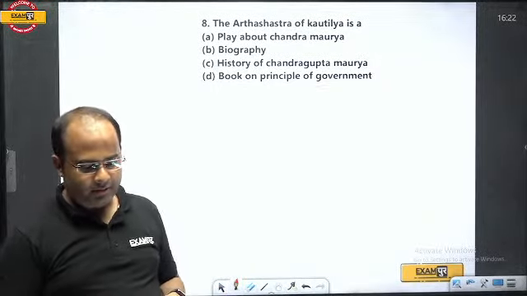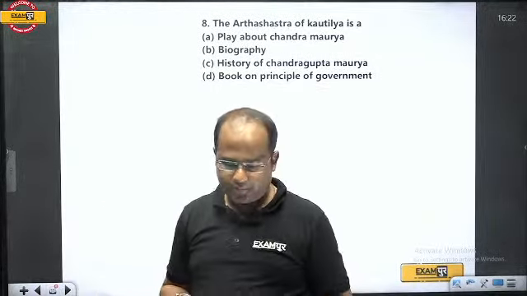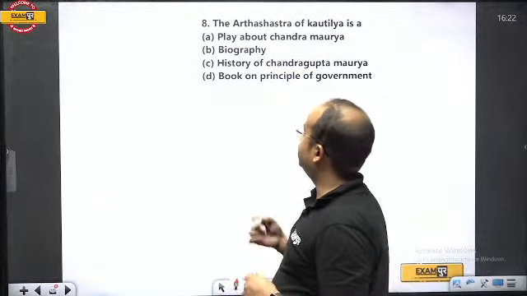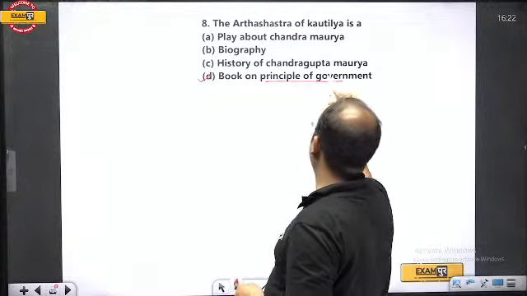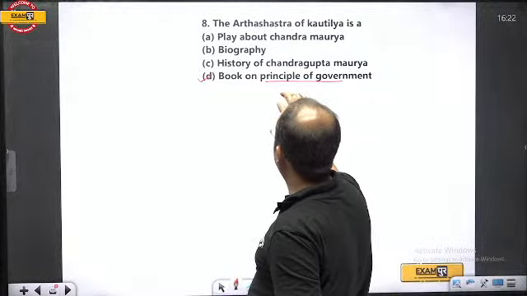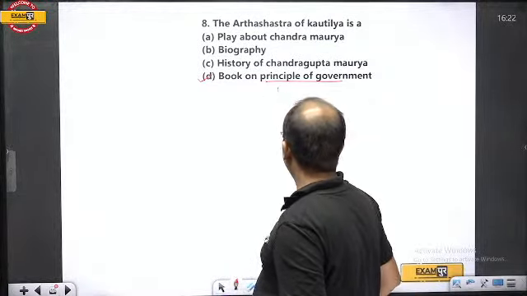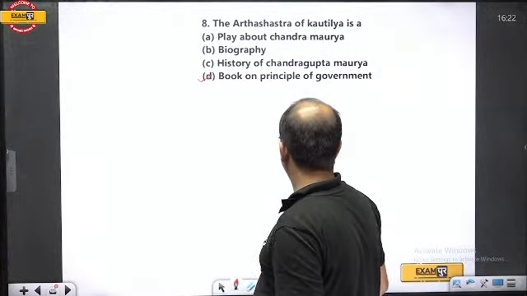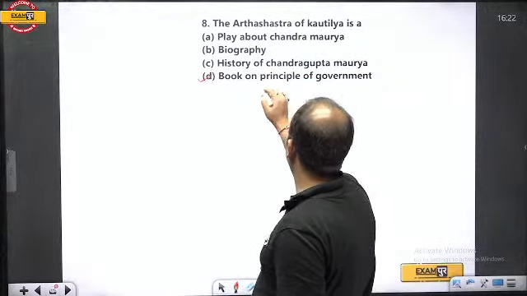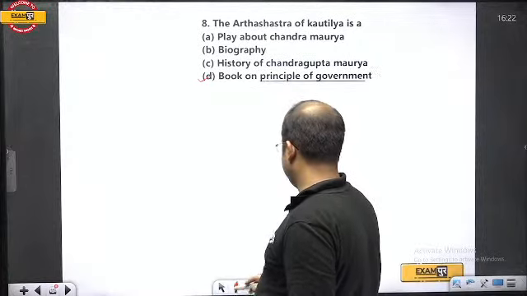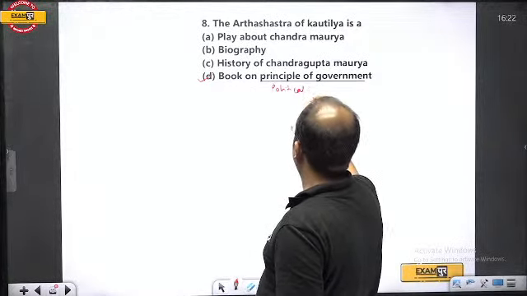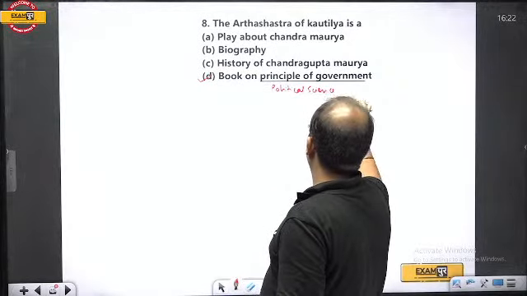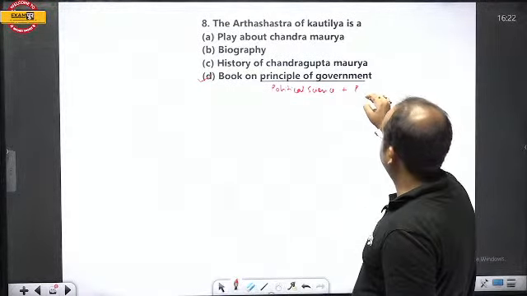Okay, maximum of you are going with option D. And guys, correct answer is also option D, a book on the principle of government that generally deals with political science plus public administration.